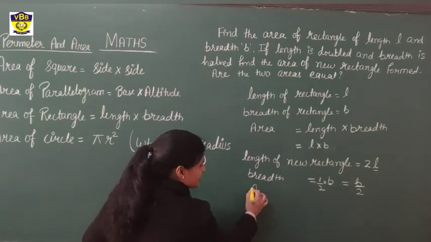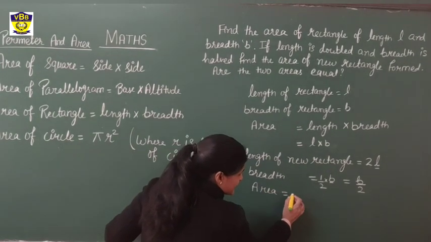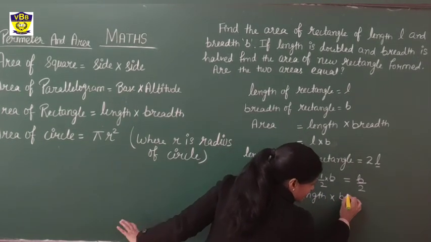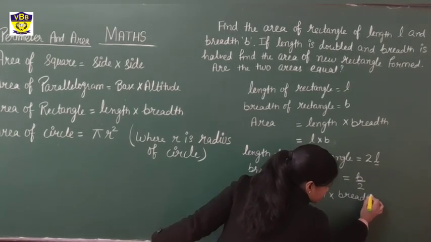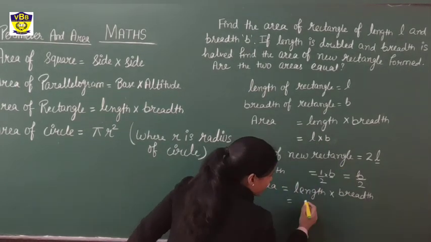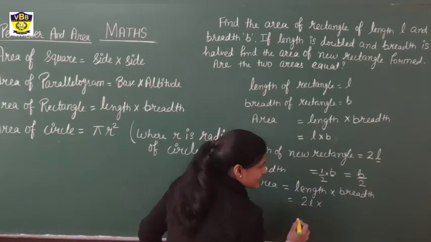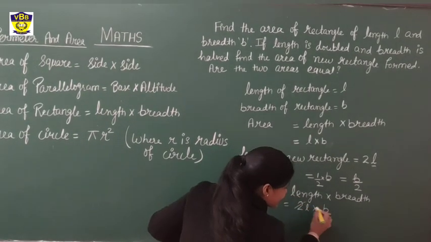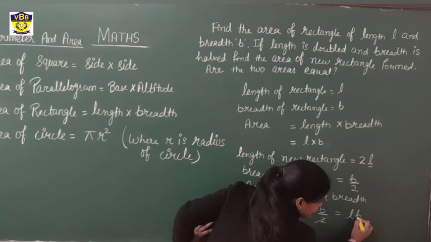Then area is again length into breadth. Length is 2L and breadth is B by 2. 2 cancels out 2. It forms L into B.